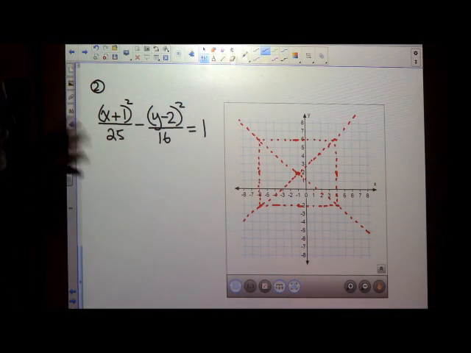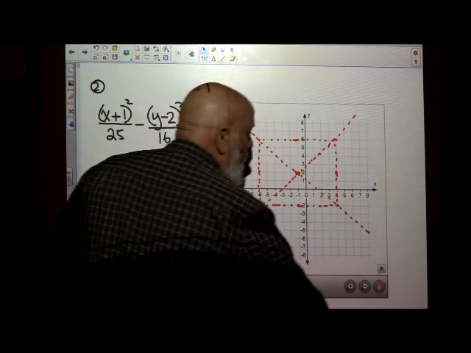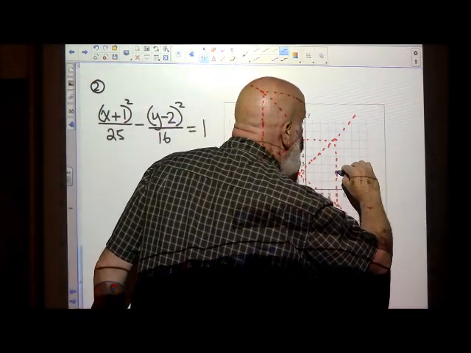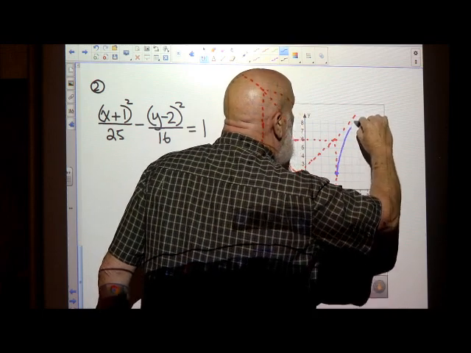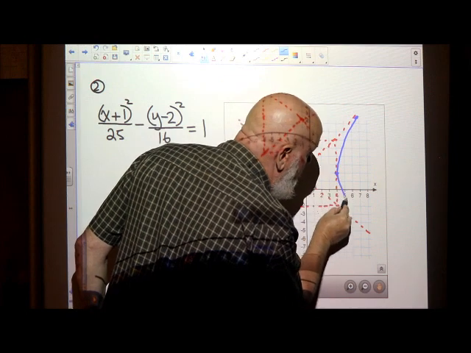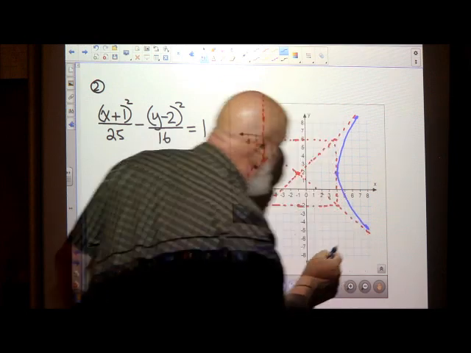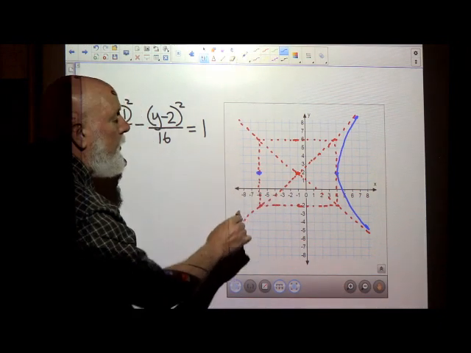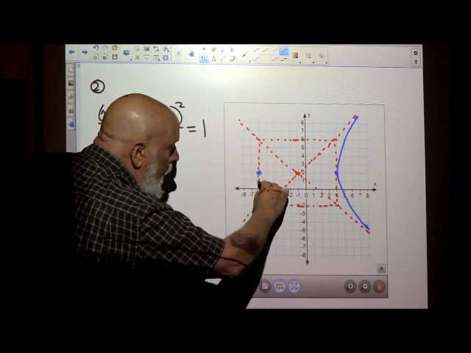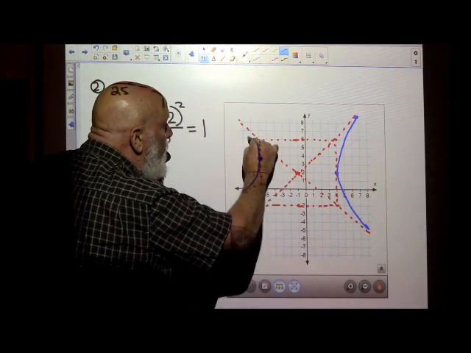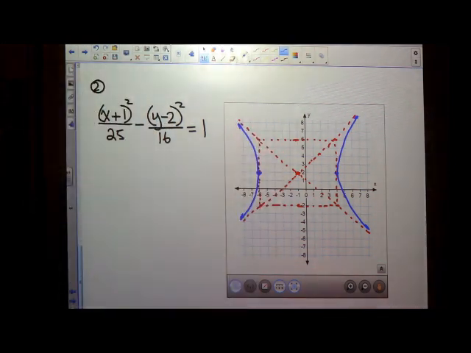And because x comes first, it's going to open sideways. So I come here to my vertex, and I approach this asymptote asymptotically. It'll get infinitely closer and closer and never reach it. I come over here, there's my vertex, and I approach the asymptote asymptotically like that.